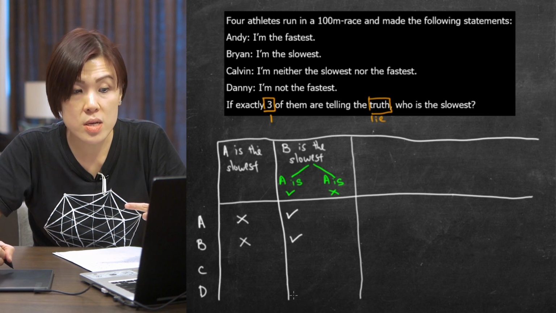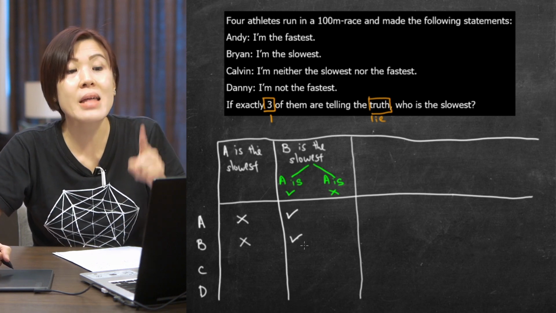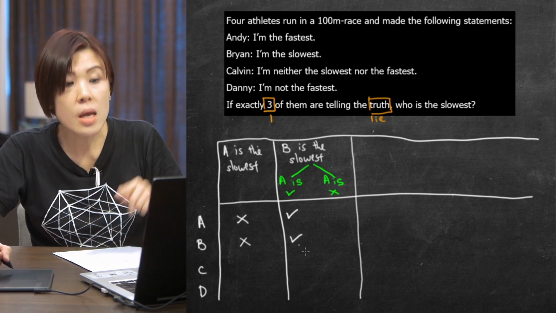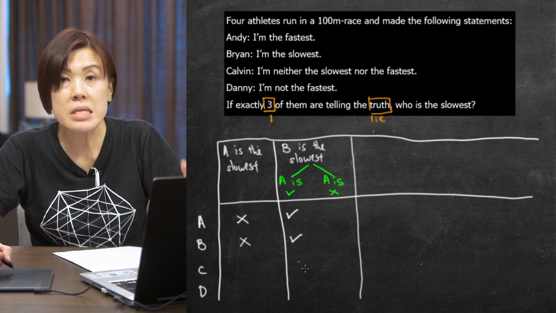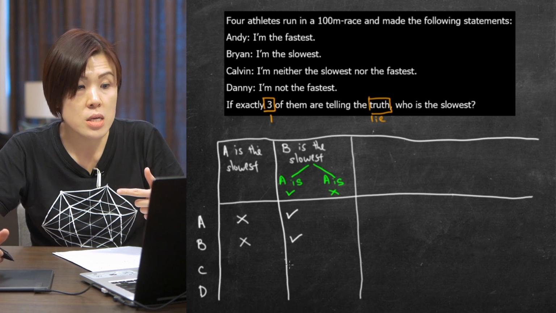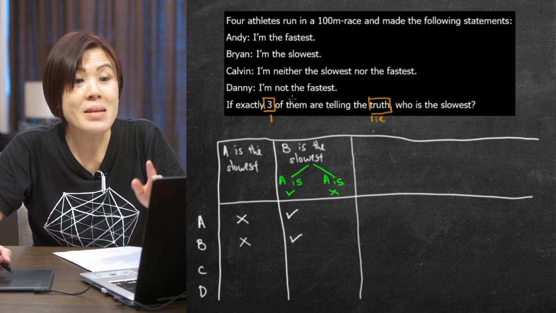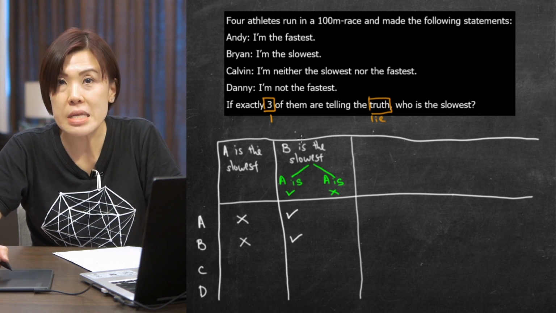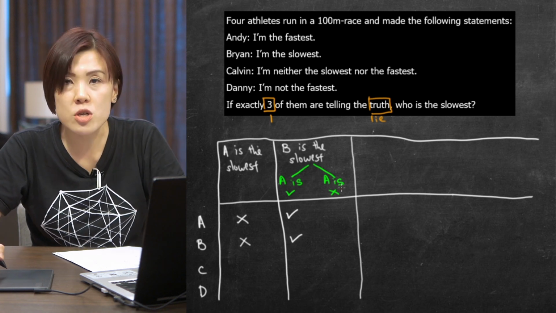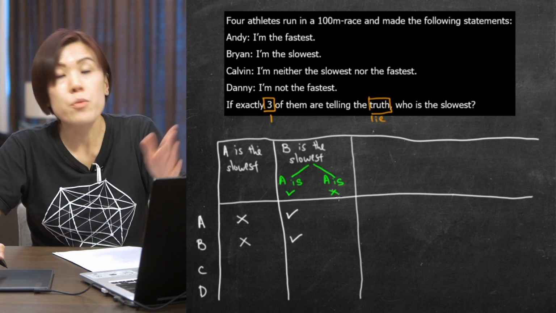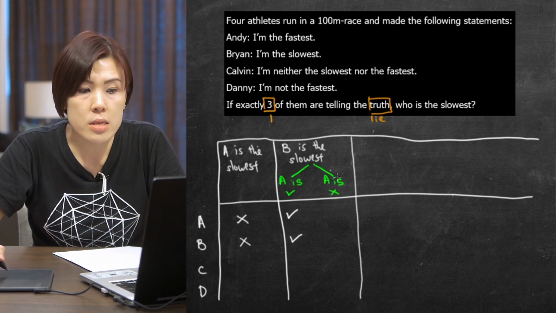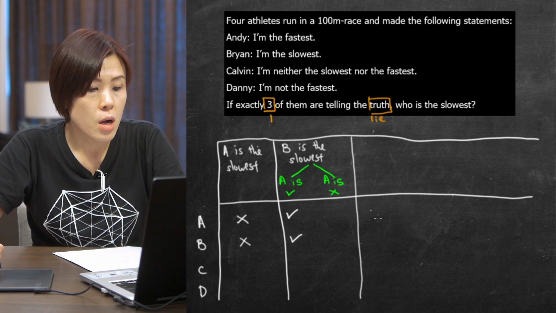In this first situation, remember we are assuming that Andy is the fastest and Bryan is the slowest, and we study the next two conversations. Calvin says that I'm neither the slowest nor the fastest, which means Calvin is telling the truth.